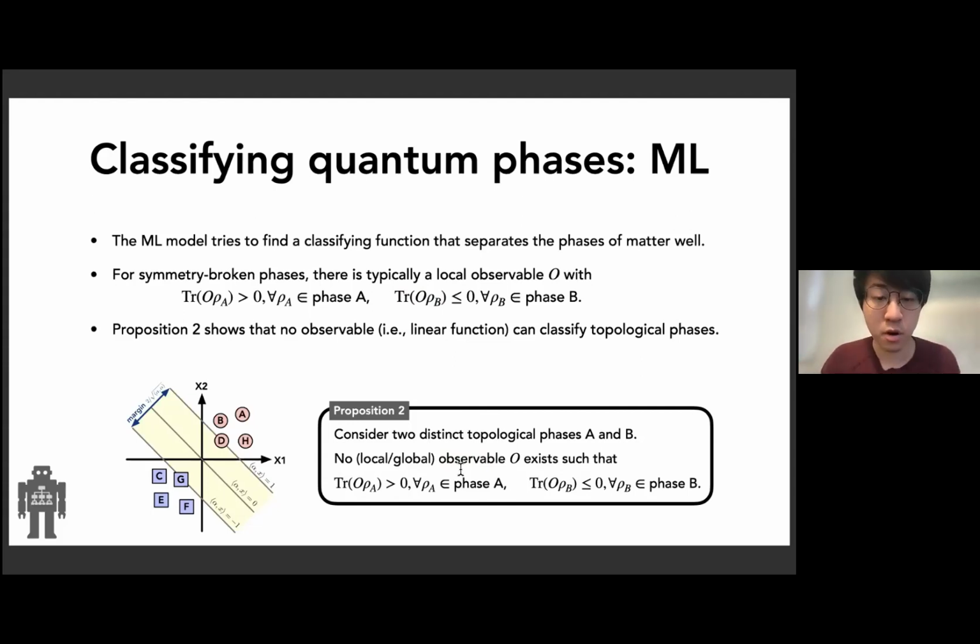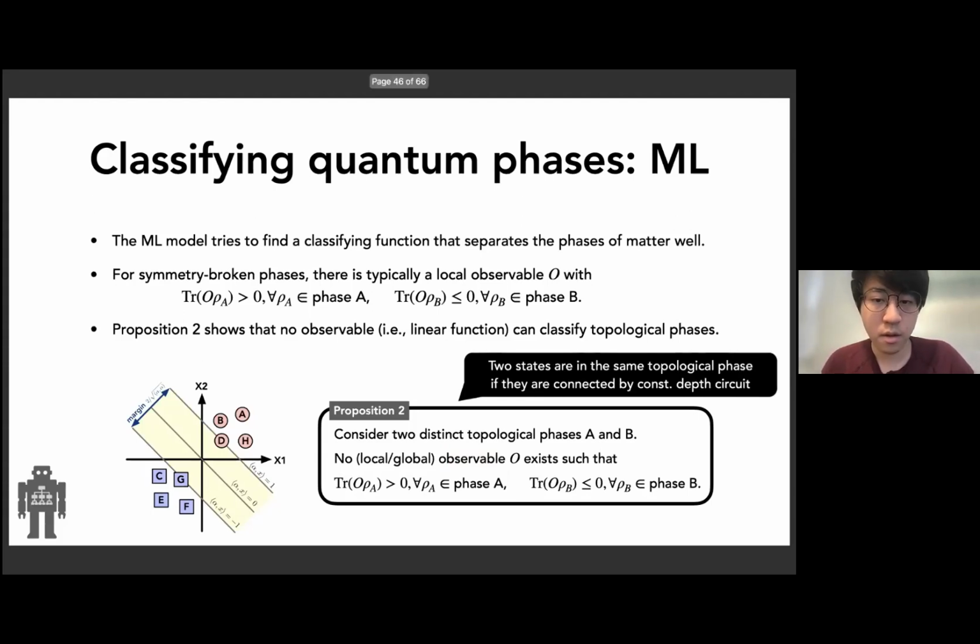For example, this observable could even be some highly non-trivial unitary rotation of the entire system followed by some measurements. Despite that, proposition 2 shows that no such observable exists that can be used to classify genuine topological phases.